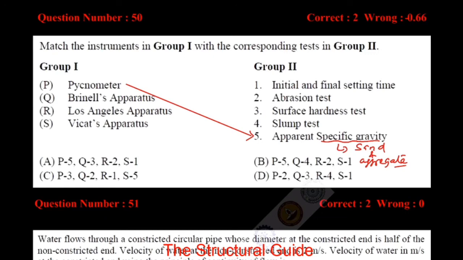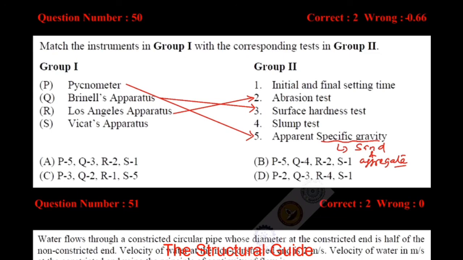The next is Brinell's apparatus. This is used for the surface hardness test. Los Angeles is used for the abrasion test.